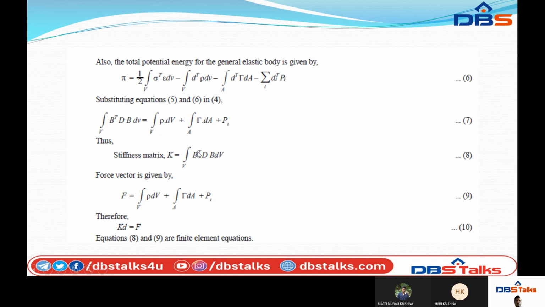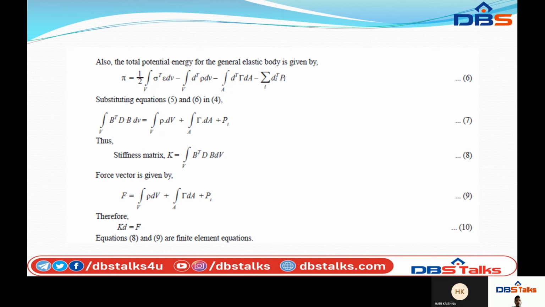Today I concluded with the principle of minimum potential energy and the principle of virtual work. These are two important relations for examinations. The principle of minimum potential energy says that if the body is in an equilibrium position, then the potential energy is stable or minimum. The principle of virtual work says that the internal virtual work is equal to the external virtual work.